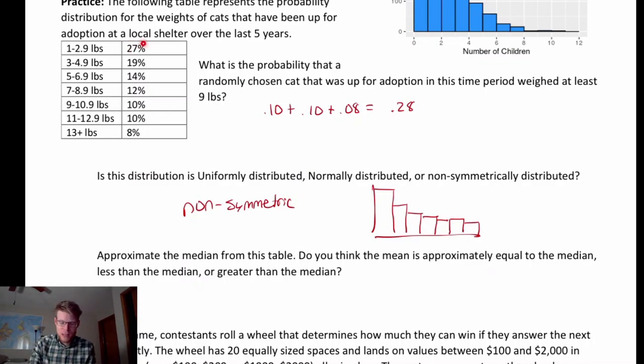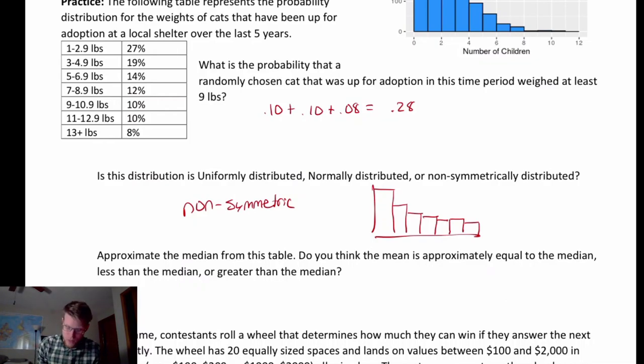If I start from the lower end, how far do I get before I hit the 50th percentile? And it looks like I'm going to have to get somewhere into this row, right? Because 27 plus 19 is going to be 46, so that doesn't quite give me to 50%. So I'm going to reach 50% somewhere in this 5 to 6.9 range. I don't know exactly where it is, but I know it should be in that range.